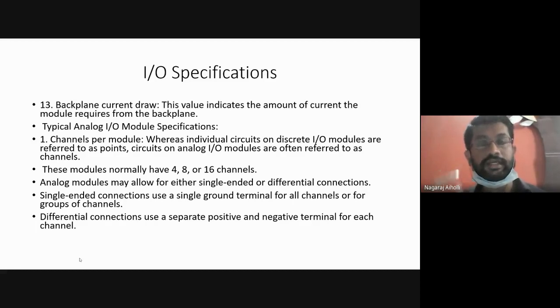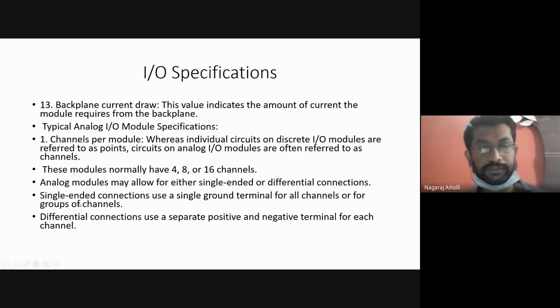Now, if for a single field device you are using two terminals, one positive and one negative for the channel, then it is called a differential connection. Single ended means we use only one positive and one common. Analog modules may allow for either single-ended or differential connection.